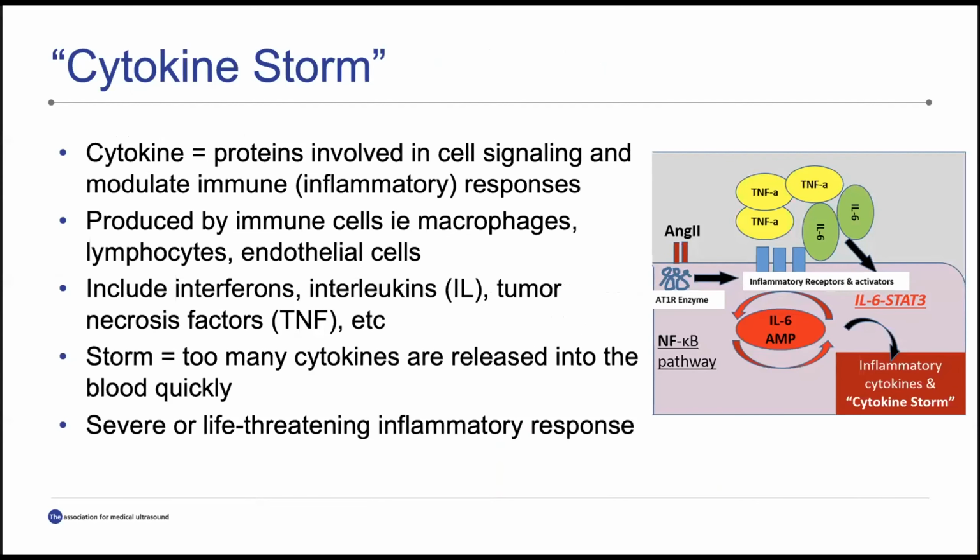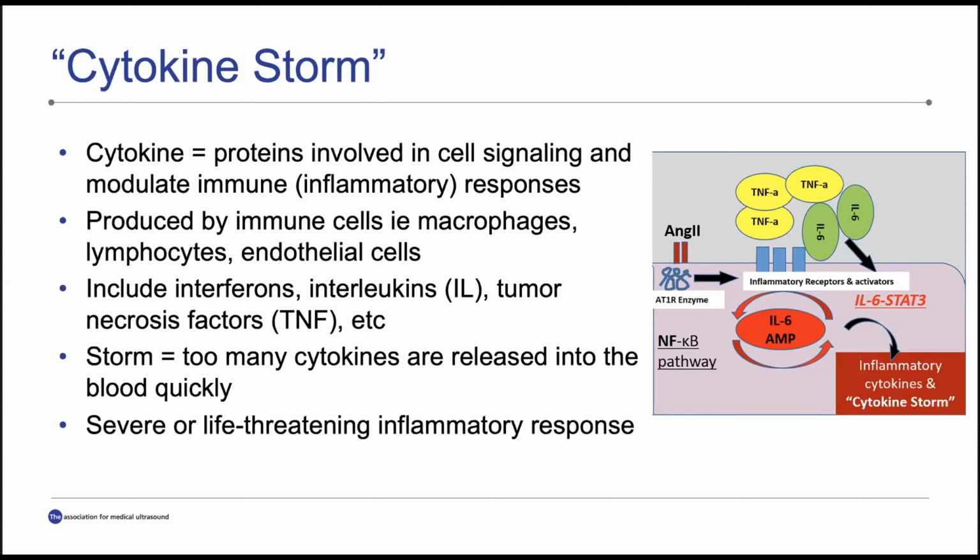So what is a cytokine storm? Well, the cytokines, as I mentioned, are these inflammatory markers. These are proteins that are involved in cell signaling and modulate the immune response or the inflammatory response. They're produced by immune cells, which include macrophages, lymphocytes, and endothelial cells. And these cytokines include interferons, interleukins, tumor necrosis factors, and other mediators.